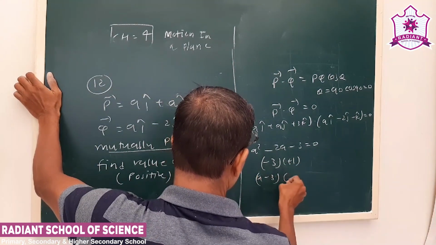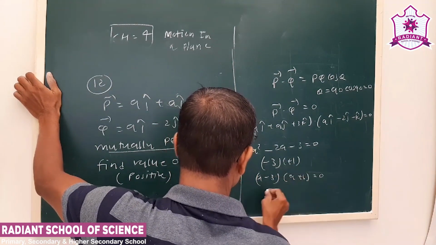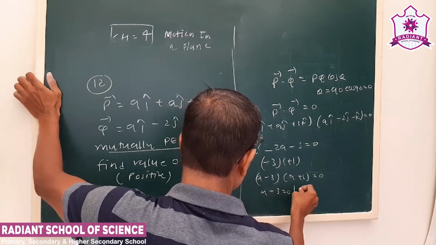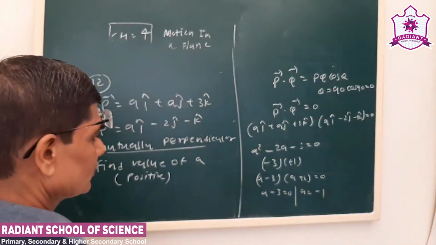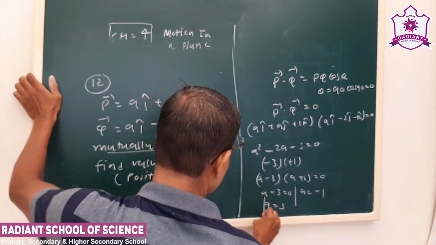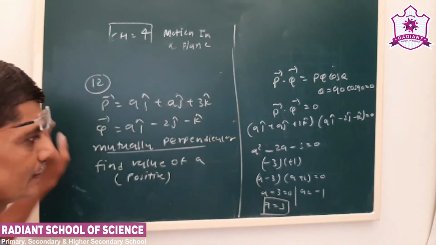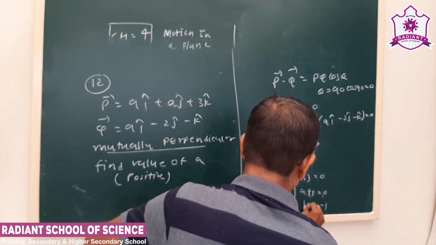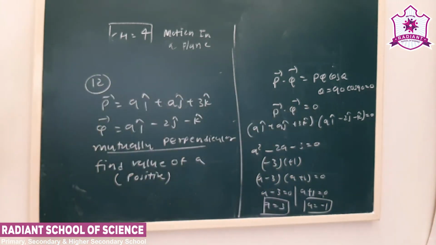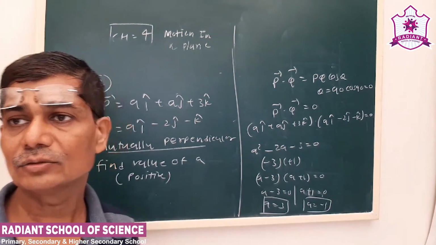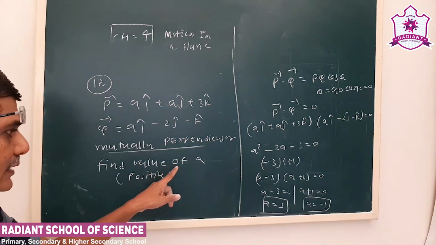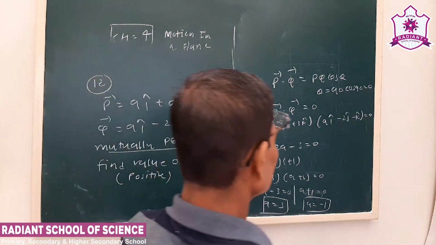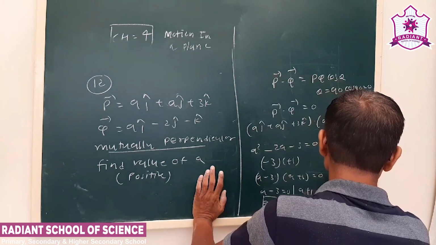A minus 3, A plus 1 is 0, A minus 3 is 0. Okay, so A is equal to 3. So we have got two values, A is equal to 3 and A is equal to minus 1. But see, the question says we have to take the positive value. So our answer will be A equals 3.